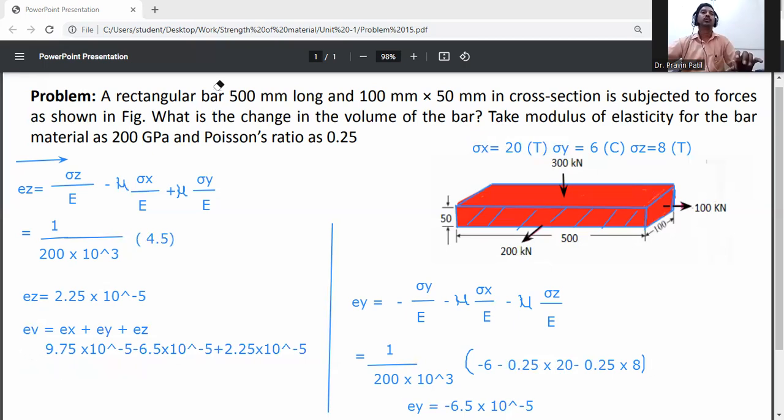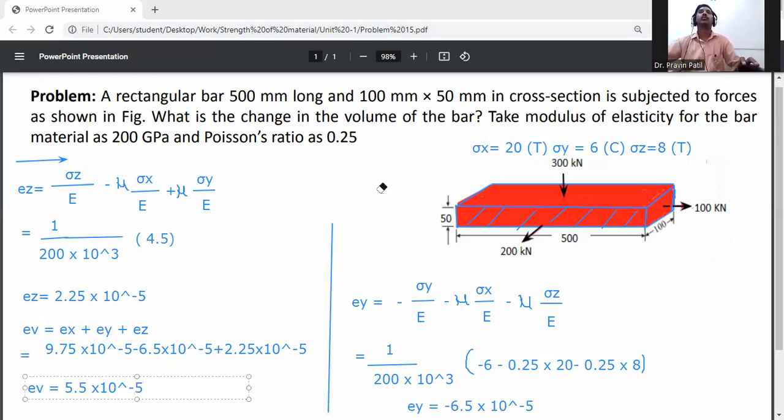Ev is equal to how much? For all these it will be 9.75 minus 6.5 plus 2.25, so it will be 5.5 into 10 raised to the power minus 5.